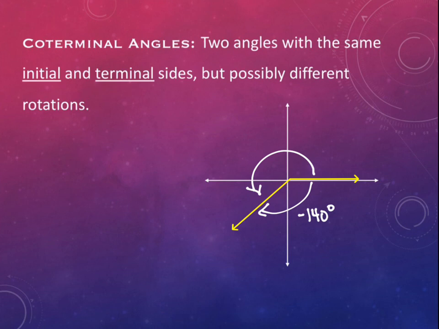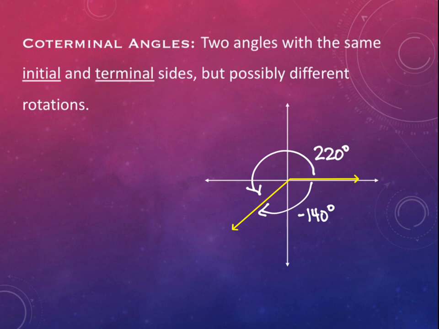Take 360 and take 140 out, you can find the angle. Excellent. So what's 360 minus 140? 220. So if I went this direction, 220, I would also end up at this same terminal side. So what we would say is that 220 and negative 140 are coterminal angles. They have the same initial side and the same terminal side.